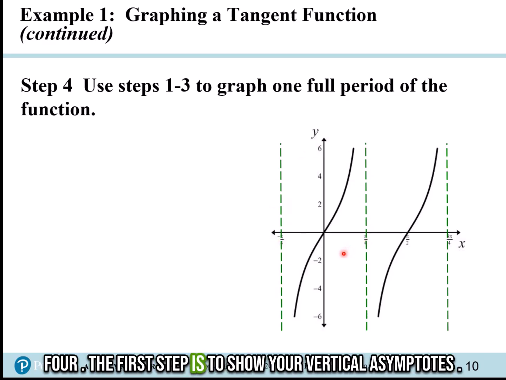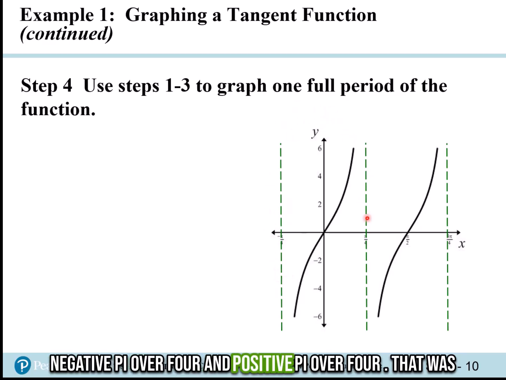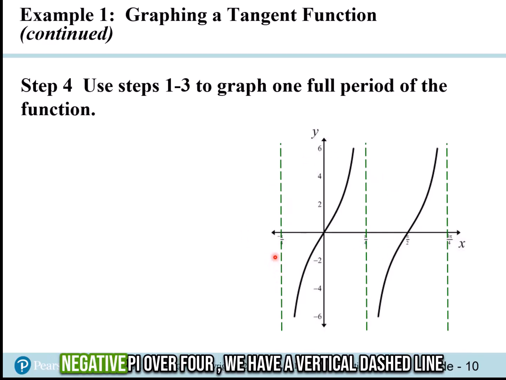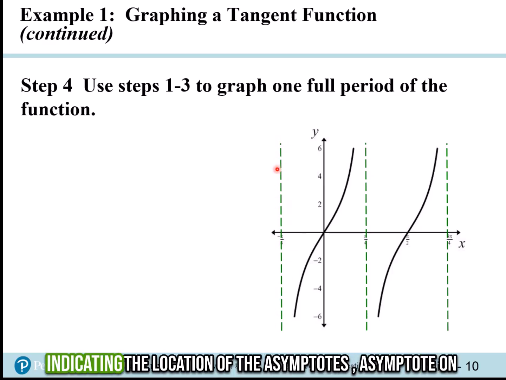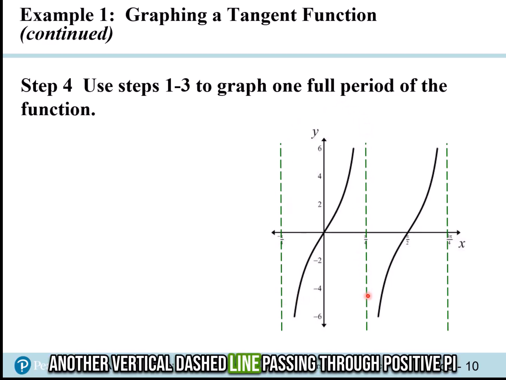The first step is to show your vertical asymptotes. We found the vertical asymptotes would be located at -pi/4 and +pi/4. That was done in step 1 of our graphing process. So at x equals -pi/4, we have a vertical dashed line indicating the location of the asymptote on the left hand side, and on the right hand side we see another vertical dashed line passing through +pi/4.